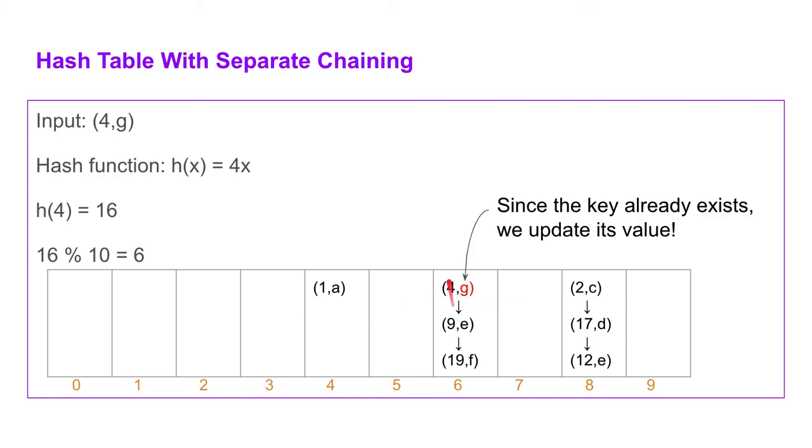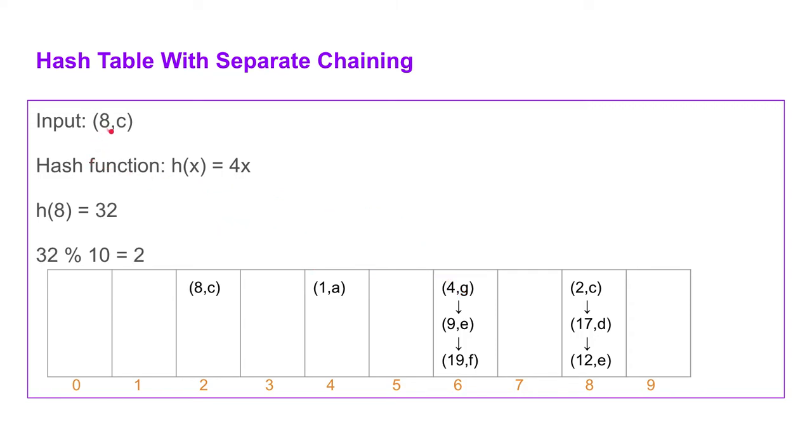I don't have two 4 keys here. I go to the old key value pair with 4, and I update its value to be G now. So this is probably the most important part of this problem. Whenever you insert a key twice with a new value, you actually update the old value to the new one. You don't have duplicate keys.